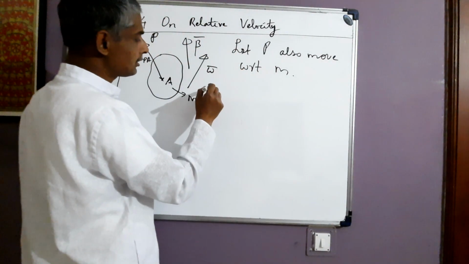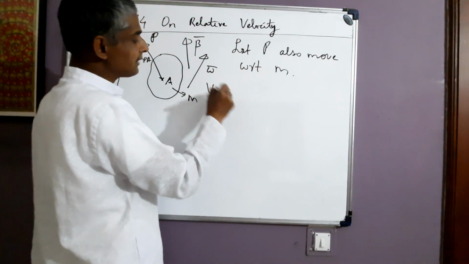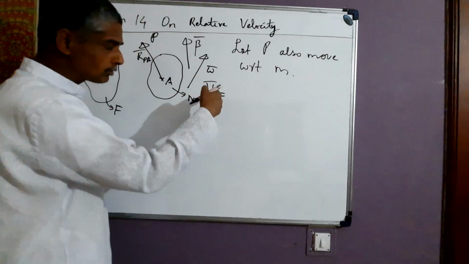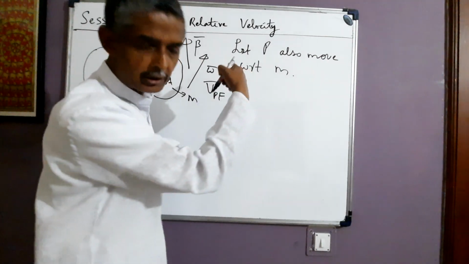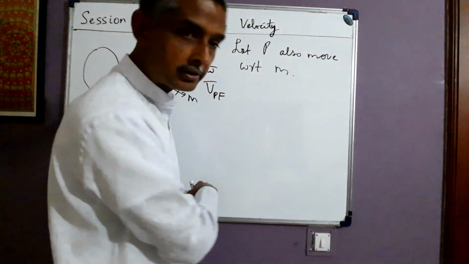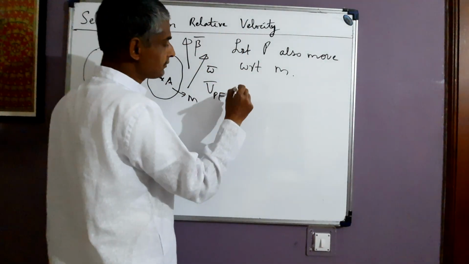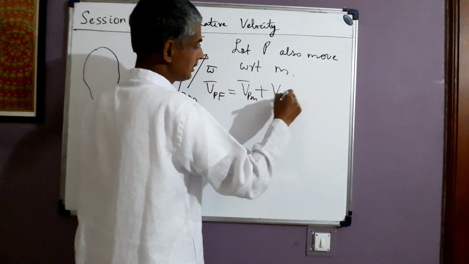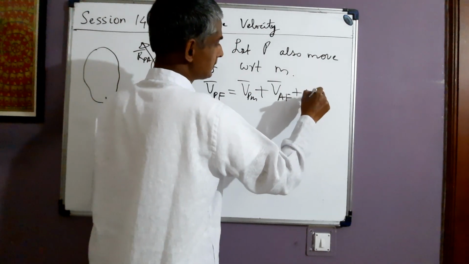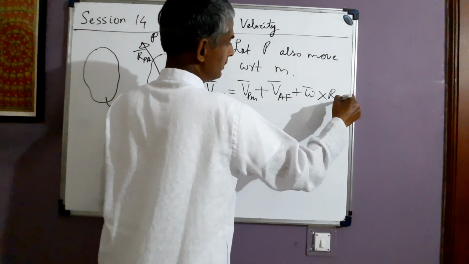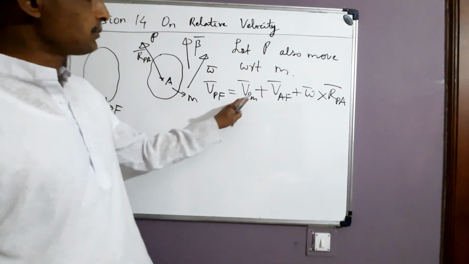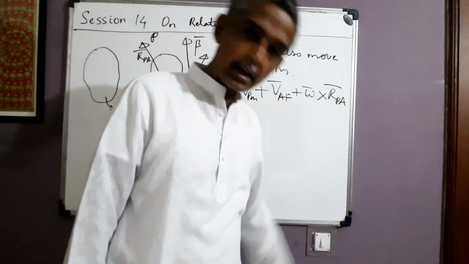So we write down that formula again, which we derived in the 13th session, which I wrote initially today, before deriving that general relation. So VPF is equal to VPM plus VAF plus omega cross RPA.